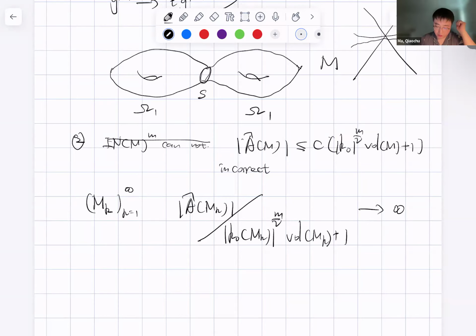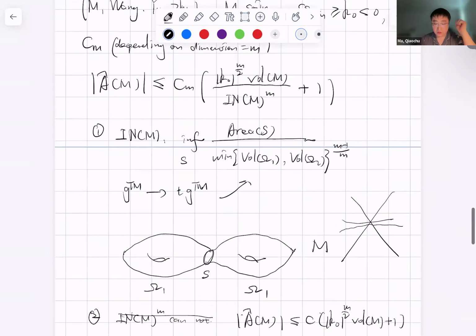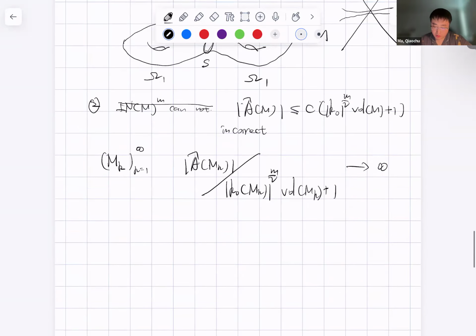So let's compare with this original inequality. We cannot just remove this isoperimetric constant. So this inequality is to some extent optimal.